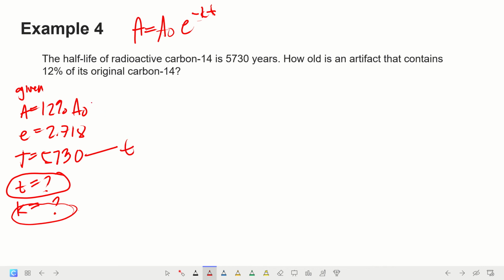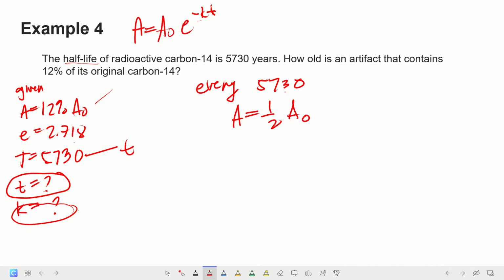Yan. And then, wag nyo munang gamitin itong 12%. Ito lang ang gagamitin natin, yung half-life, and the fact that every half-life, nangangalahati yung value ng ating original amount. So, therefore, every 5,730 years, the value will be 1/2 of the original.